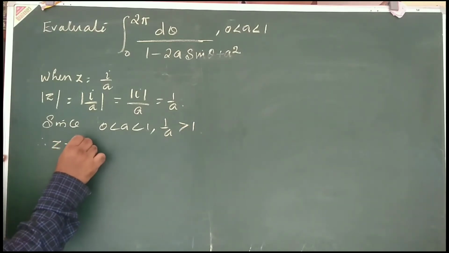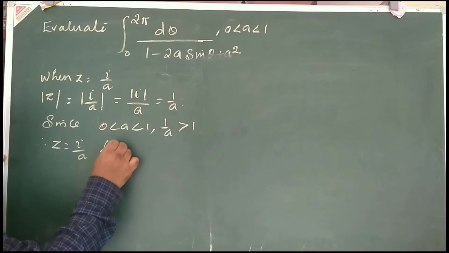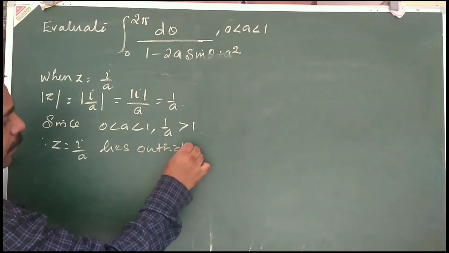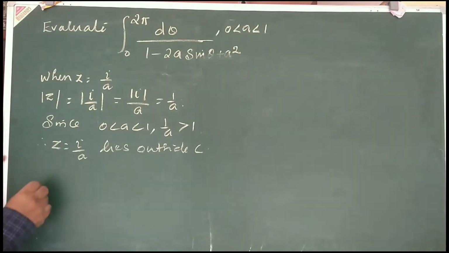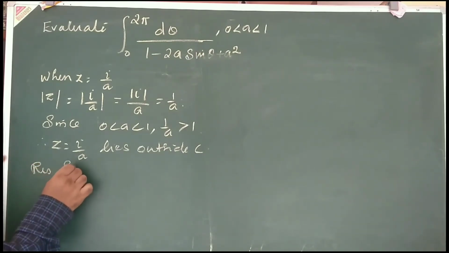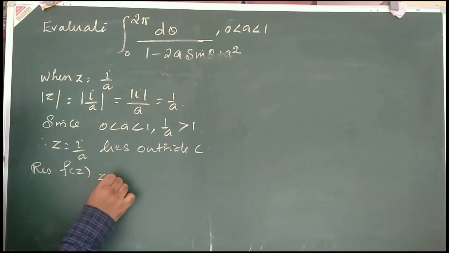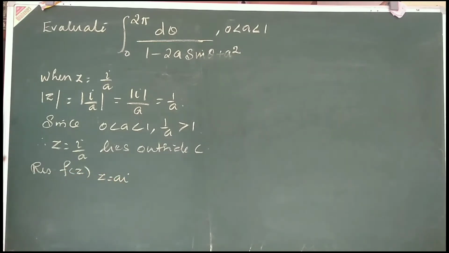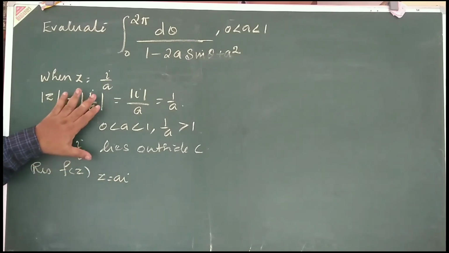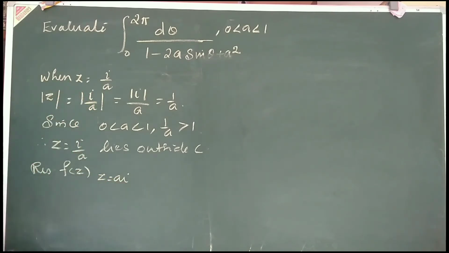Therefore, z is equal to i by a lies outside C. Therefore, the residue of f of z is at z is equal to ai only, because there are only two poles, one lies outside, and z is equal to ai lies inside.